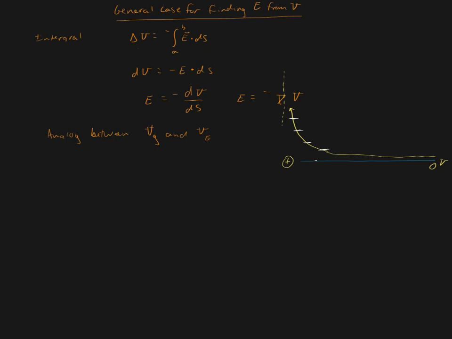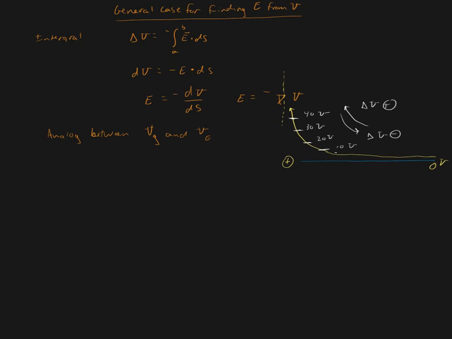The idea is just to see that as you get closer, the potential increases. So let's say this is 10 volts, and this one is 20 volts, this one is 30 volts, this one is 40 volts. As you get closer, the potential is increasing. So as you go up the hill, delta V is positive, and as you go down the hill, delta V is negative.